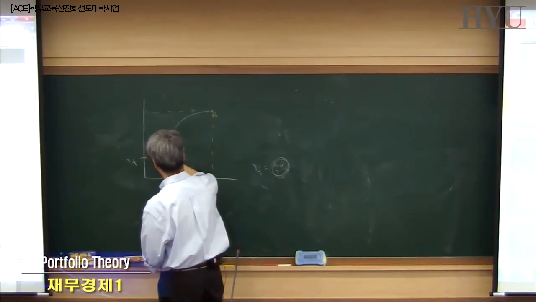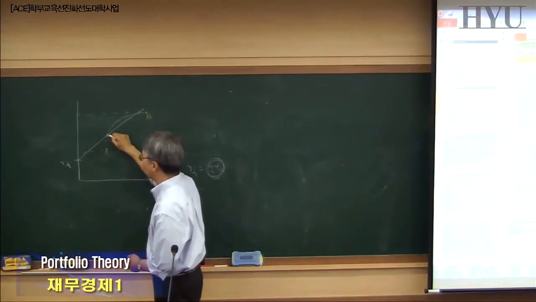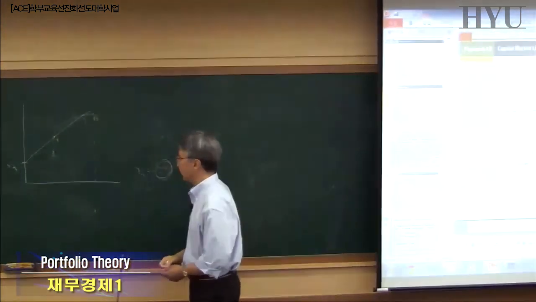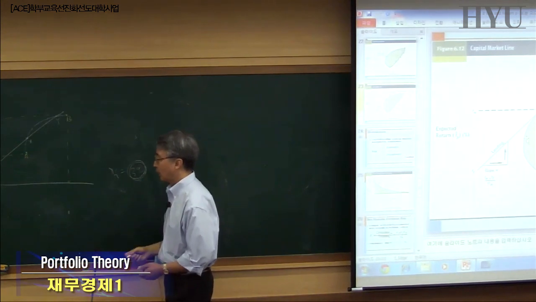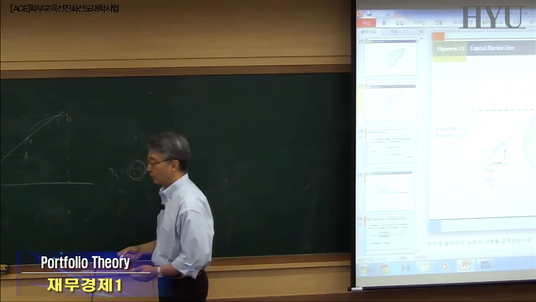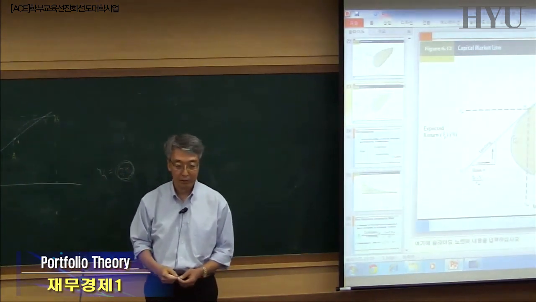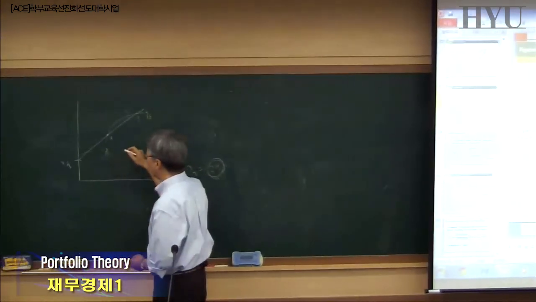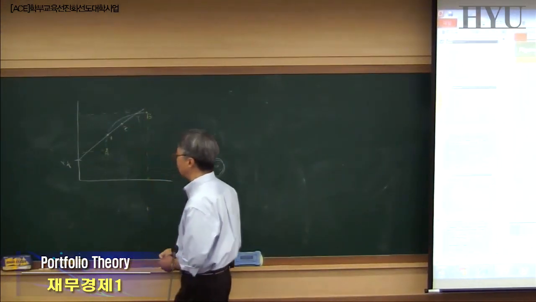So let's say I draw a line something like this. Okay, here. I would say combination X, combination Y. Okay? And again, X and Y are both efficient, right? Nothing wrong with taking any of those, right? If you, let's say, have another combination Z, right?